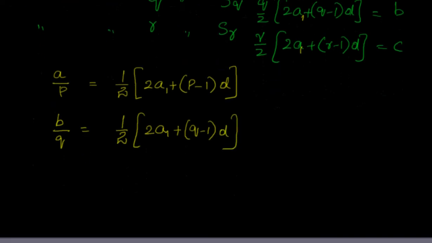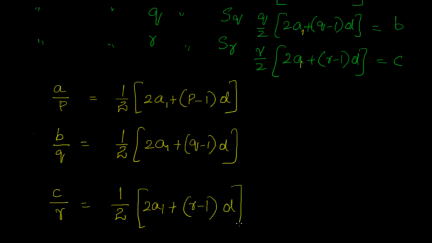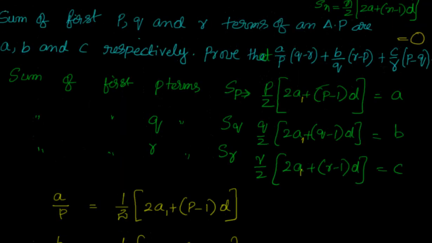What else we have? We have another one, that is c by r equal to 1 by 2 into 2a1 plus r minus 1 into d. This is what I have for a by p, b by q, c by r.